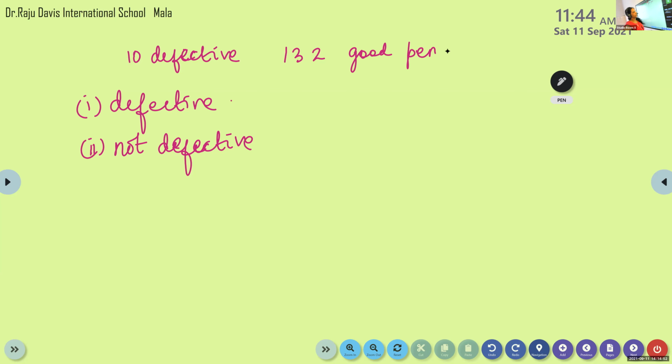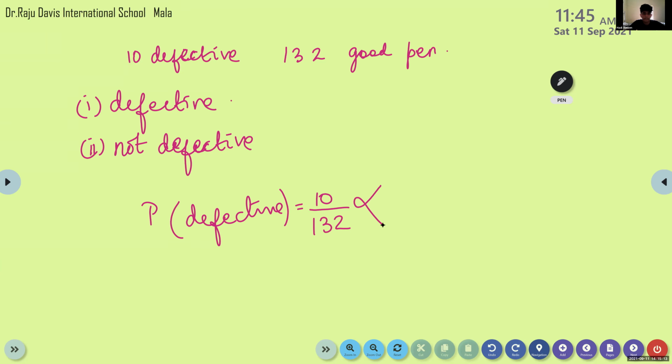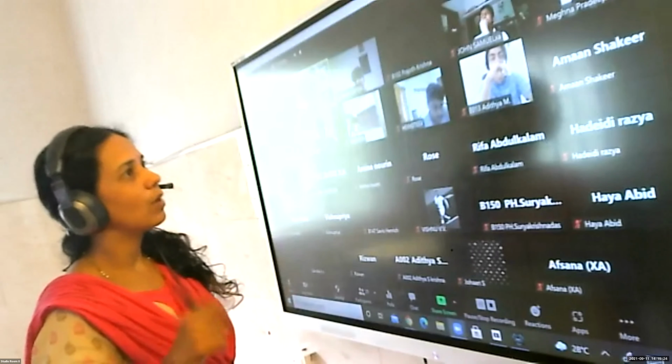What will be the answer? What is the probability of getting a defective pen? 10 by 132 is wrong. Why? It is 10 by 142.